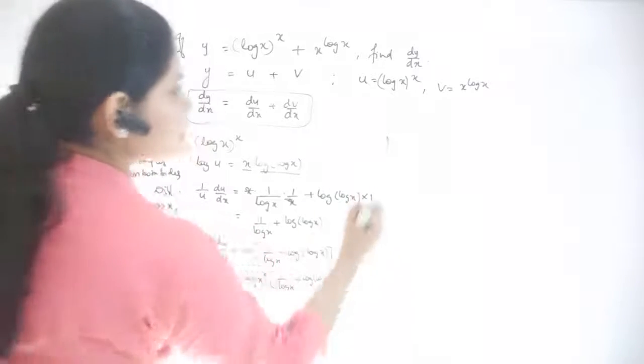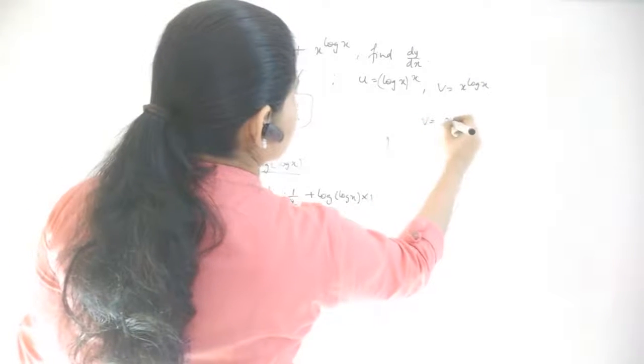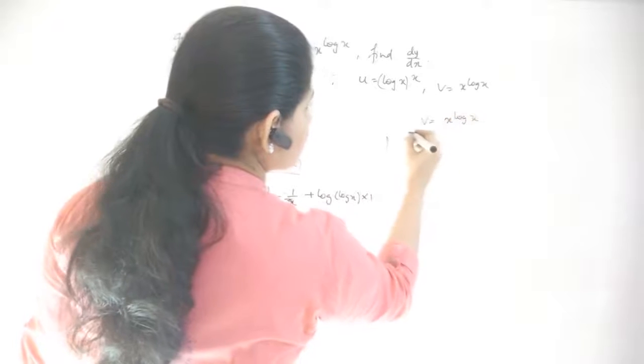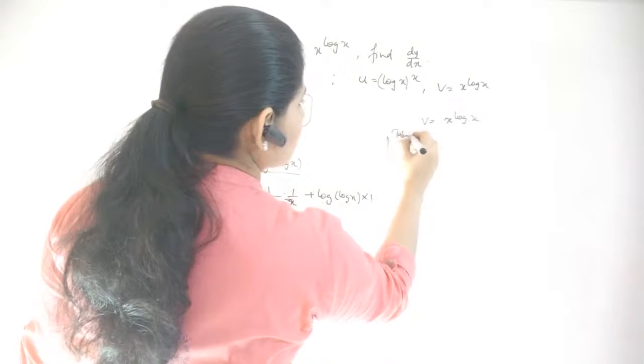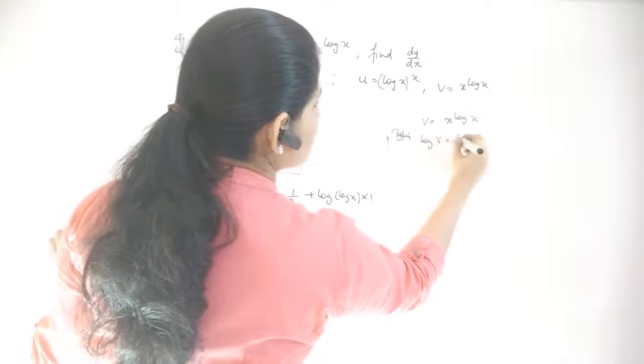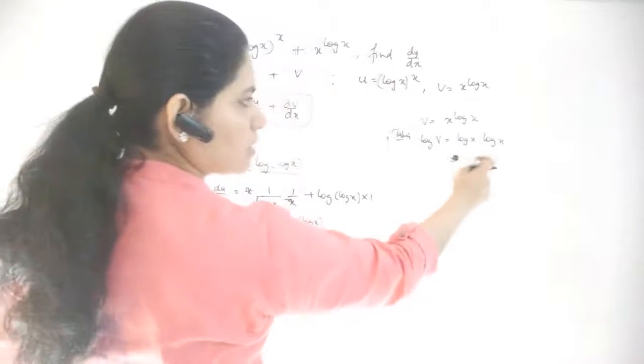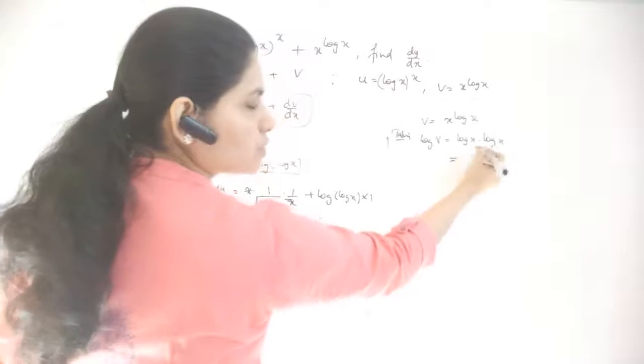Now find out what is dv by dx. v is x raised to log x. Taking log, you will get log v is equal to log x into log x. Either you can make it log x the whole square, or you can use the product rule.